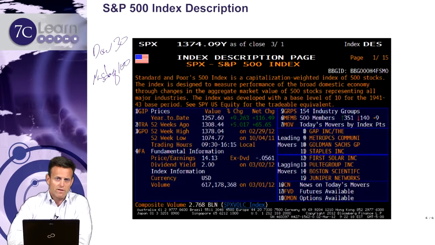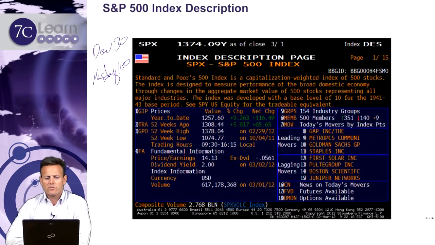The criteria that S&P uses to select them is proprietary, but basically they're looking for large cap liquid securities that are representative of industries here in the United States. The index does have subcategories, which we're going to look at in the next page, but importantly, it does include financial service firms. So the S&P 500 does have financial service firms within the index.